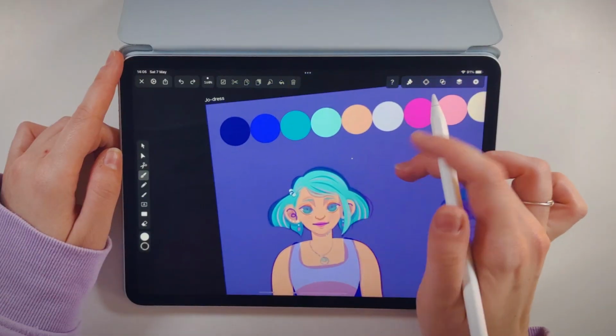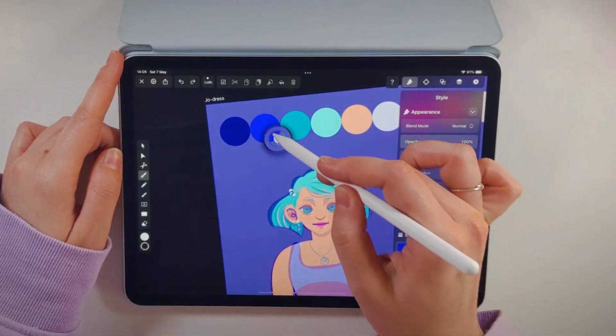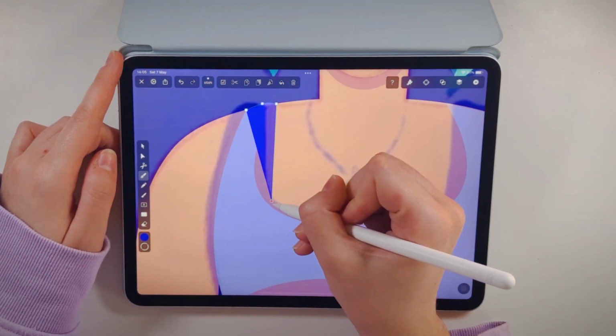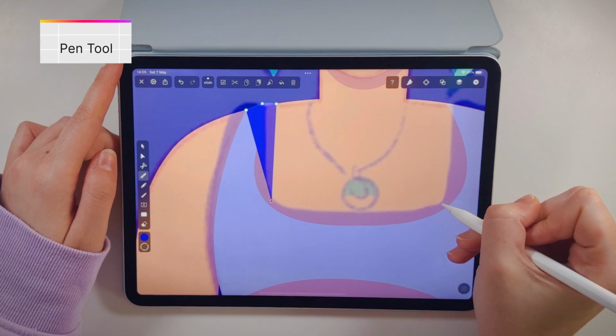This is Jocasta in her day-to-day life. Jocasta is a young girl in her teens, so streetwear is my main inspiration. So I'm tracing a flowy feminine dress.